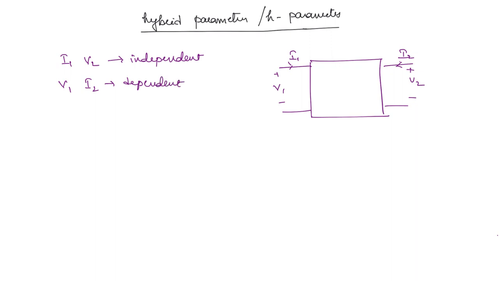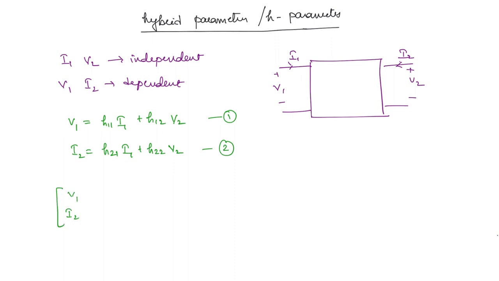So the equations are going to be V1 is equal to H11 I1 plus H12 V2. Next, I2 is equal to H21 I1 plus H22 V2. So these are the two equations. You can write them in matrix form.